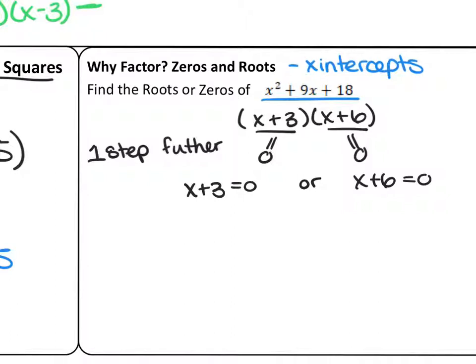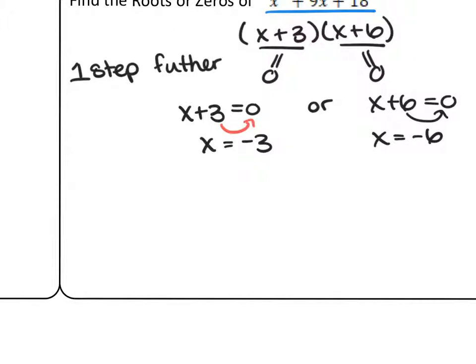All you're going to do to solve it is move the 3 over to the other side. So it becomes x equals negative 3. And the same thing with this one, we'll move the 6 over, x equals negative 6. So what that actually tells us is if we were to graph this, we know, first of all, the y-intercept is 18.